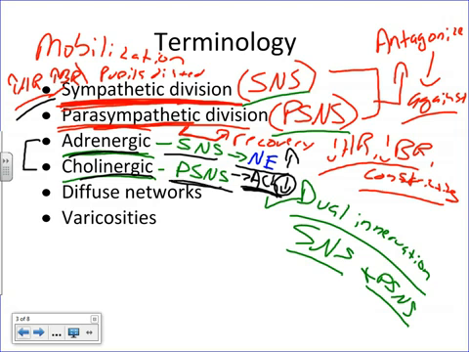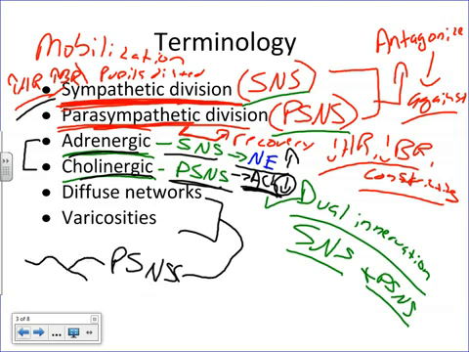When you look especially at the distal aspect of the parasympathetic nervous system, once these nerves get into tissues, they start to branch and form diffuse networks inside the tissues that they innervate.